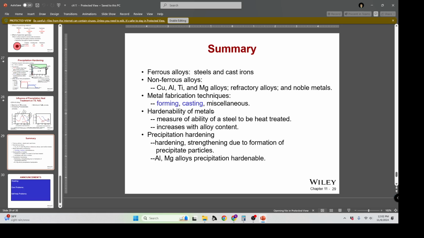So there's forming, casting, and then a bunch of other metal fabrication techniques, machining, and all sorts of things. They can be hardenable by quenching and temperature treatments, but there can also be precipitation hardening, strengthening due to the formation of precipitate particles. The aluminum and magnesium alloys are precipitation hardenable.